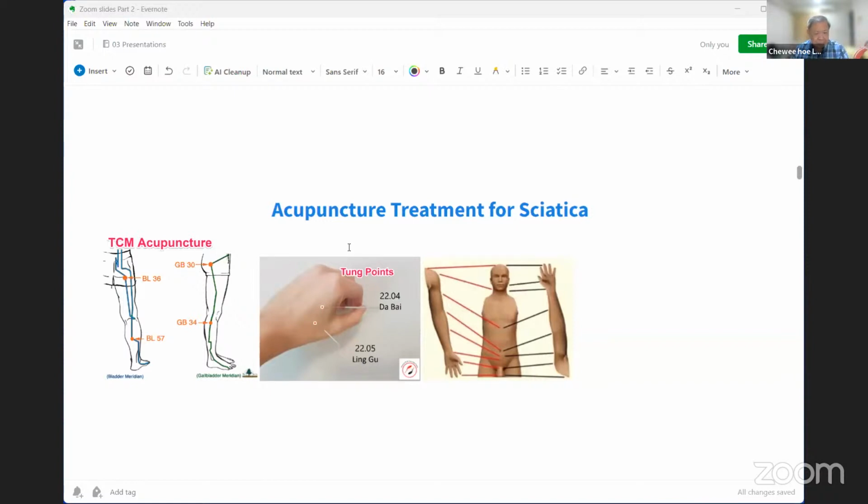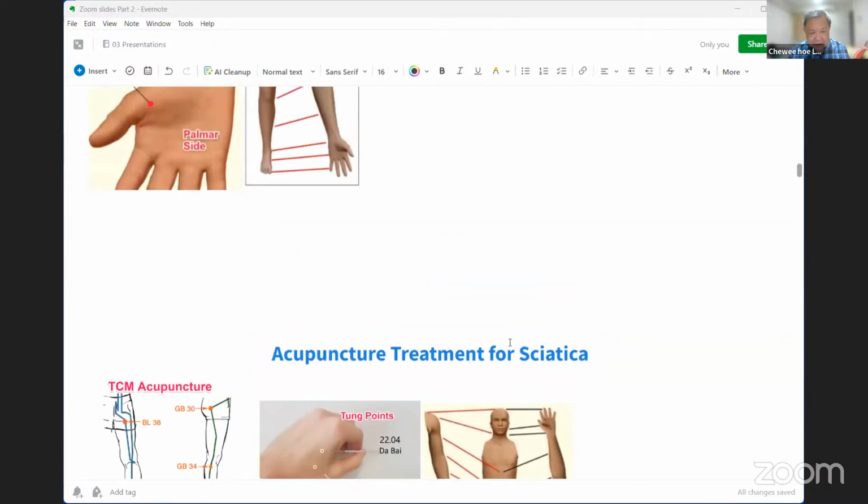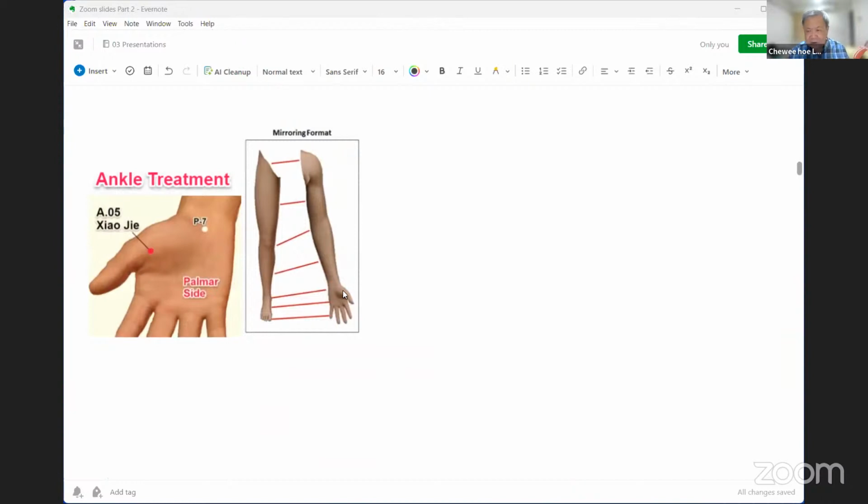Can you see the wrist in this imaging? In this imaging, the wrist corresponds to the sacrum area, front and back. In this image, the wrist corresponds to the ankle. There are many images. The image correspondence is not only one chart.